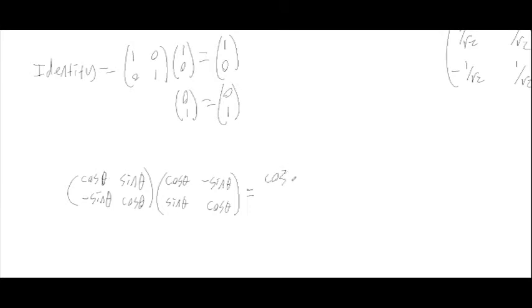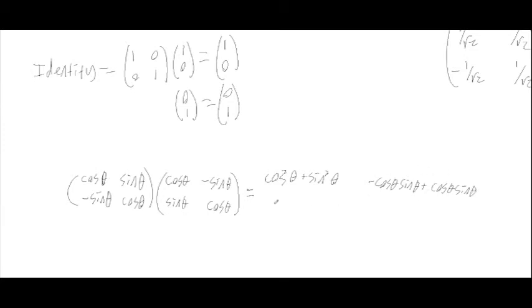So cosine squared of theta plus sine squared of theta for our first element. Then we have negative cosine of theta times sine of theta plus cosine of theta sine of theta for our next element.